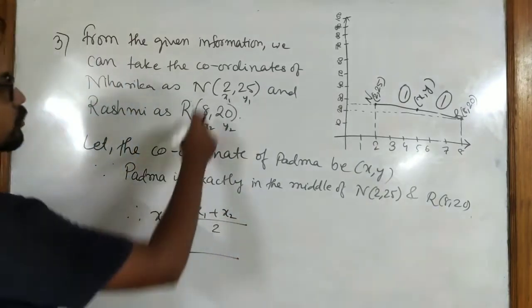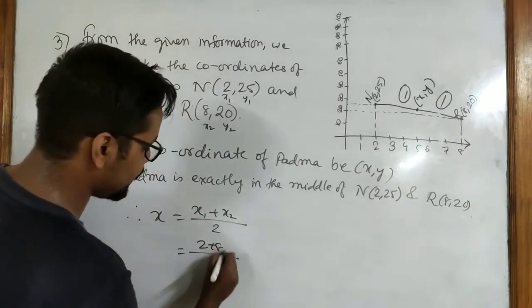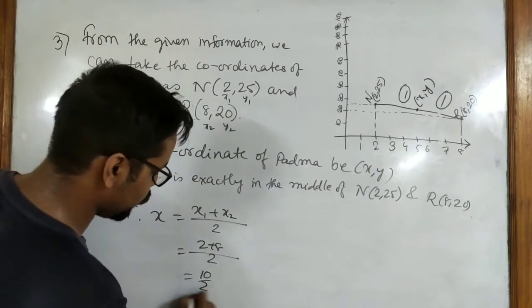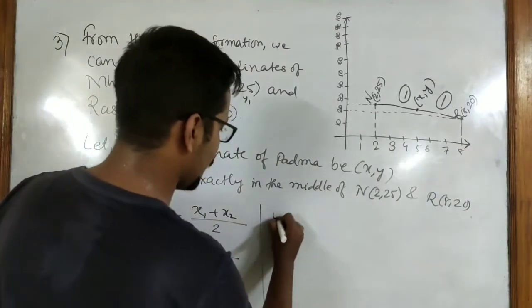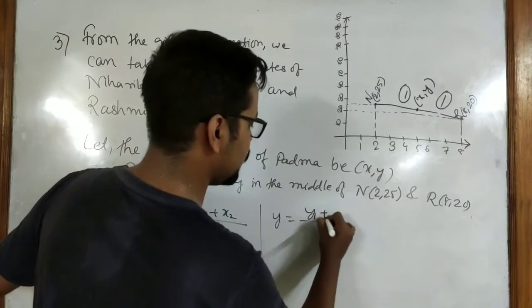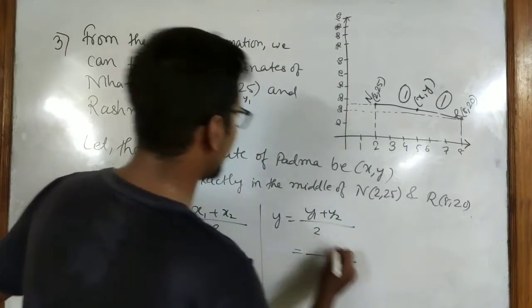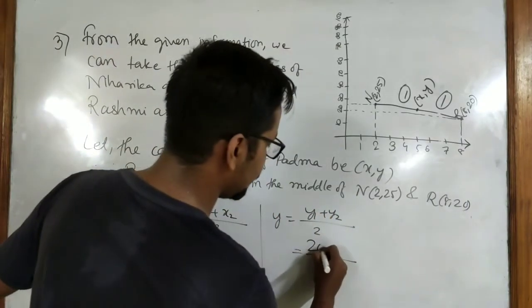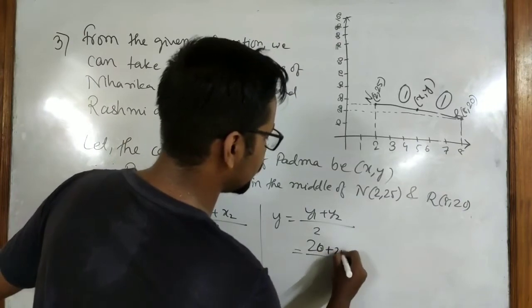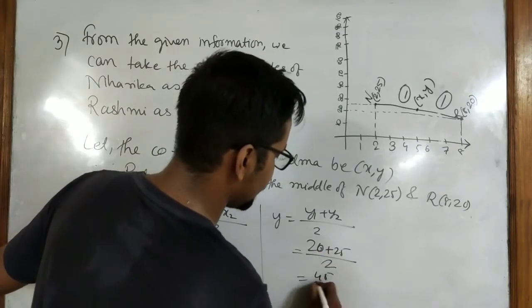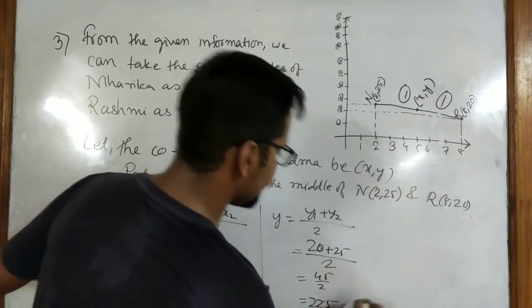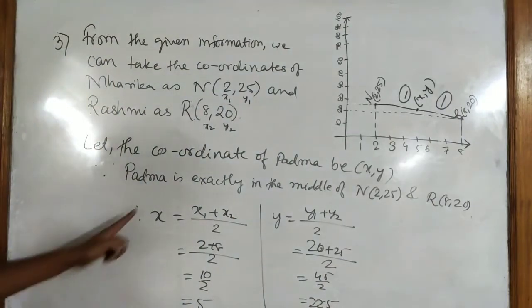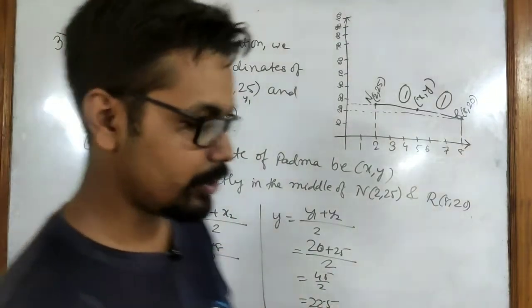And what is x1 and x2? 2 plus 8, 2 plus 8 by 2, that is 10 by 2, which we get 5. And y is going to be (y1 + y2) / 2, where y1 and y2 are 25 and 20. It is 45 by 2, that is 22.5. So here we have x as 5 and y as 22.5.